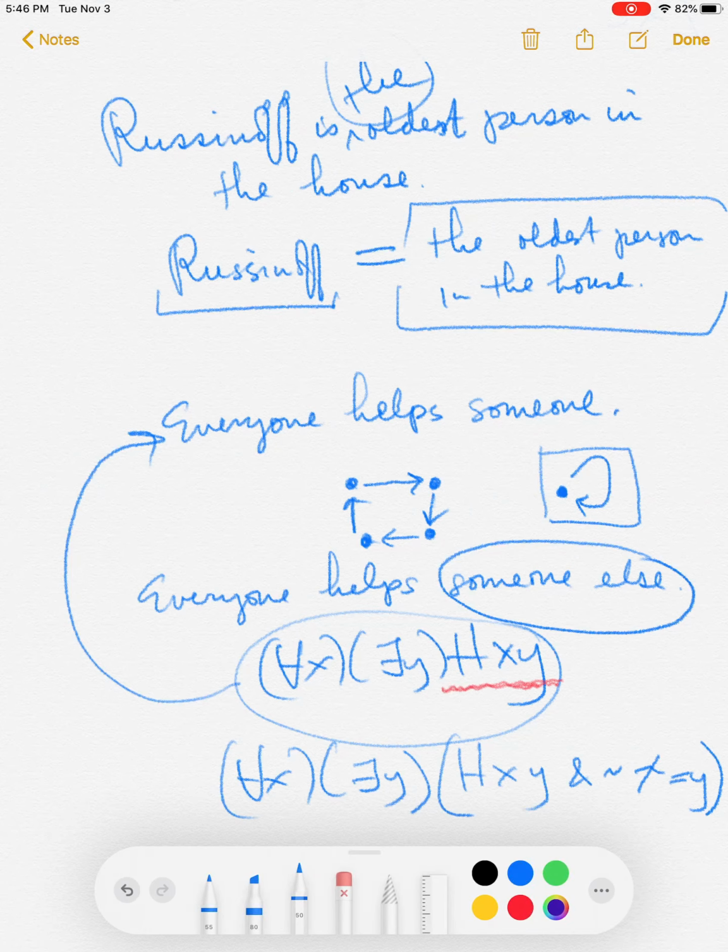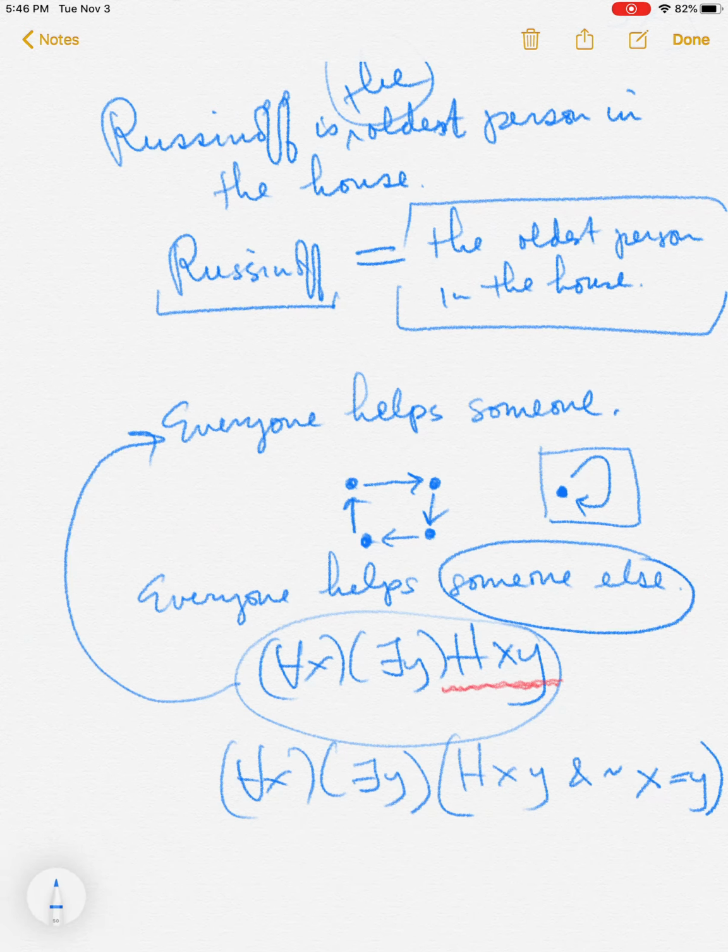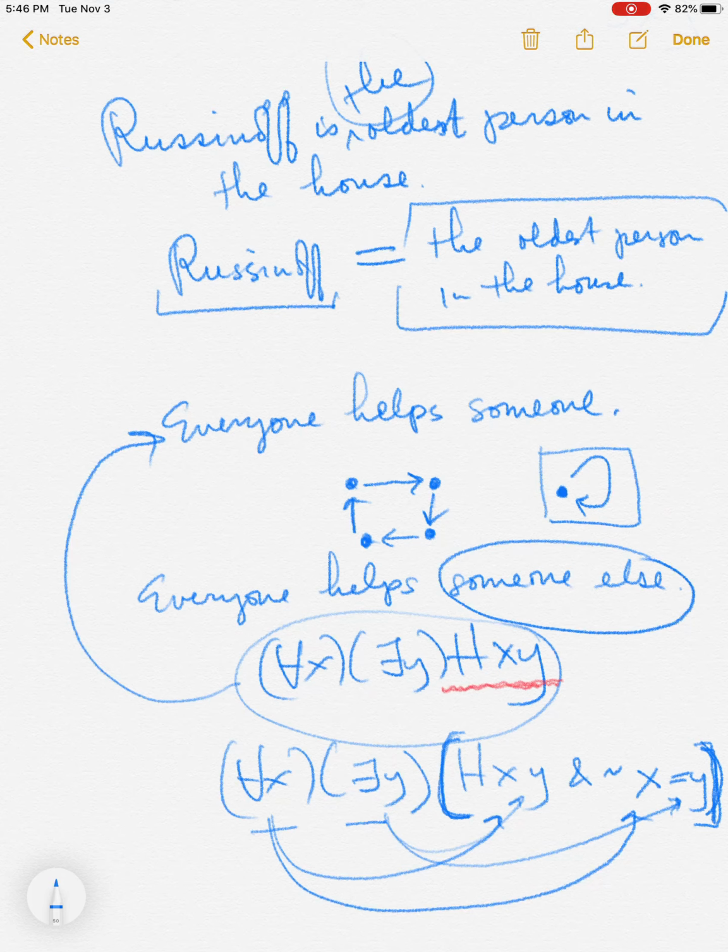I do need the parentheses here because I've got a conjunction, and I need to make sure that it's clear that both of these quantifiers range over this whole sentence. So both of these occurrences of x are captured by that quantifier, and the y's are captured by that quantifier. So that's how you'd say everyone helps someone else. Everybody is such that there's someone he helps who's different from him. Okay?